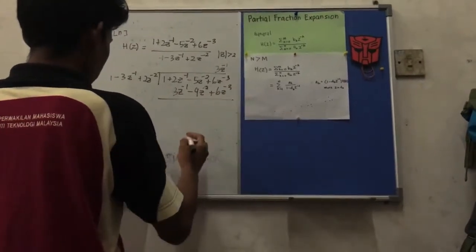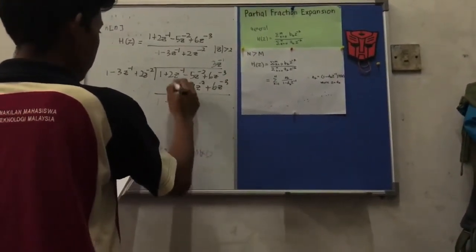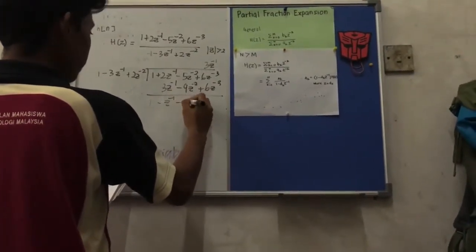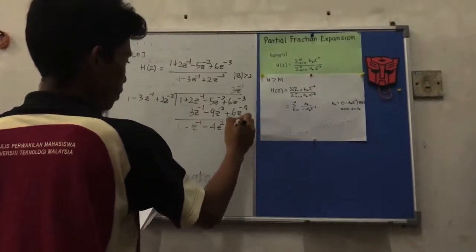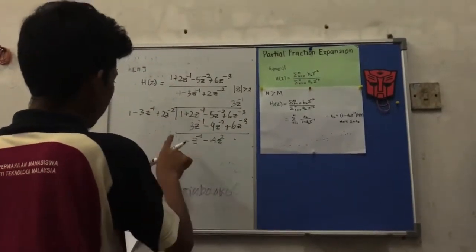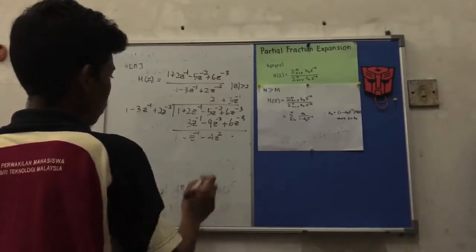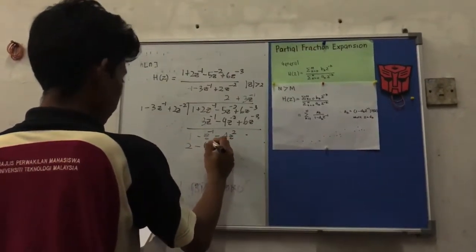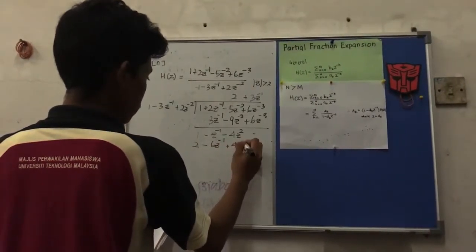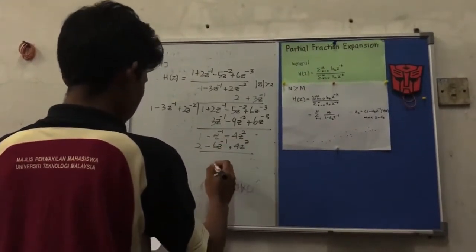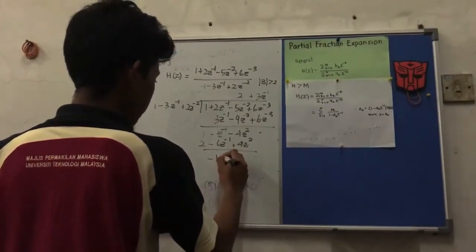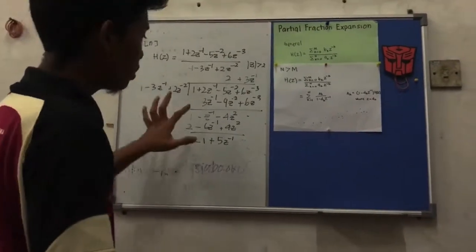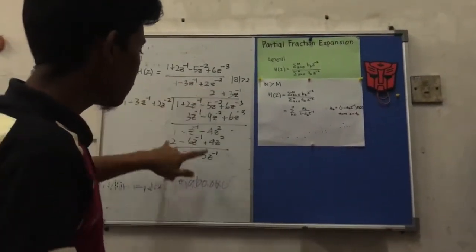After we calculate, we get the answer 1 minus z^(-1) minus 4z^(-2) and 0. Then we multiply with 2, we get 2 minus 6z^(-1) plus 4z^(-2). So the final answer is negative 1 plus 5z^(-1). So right here we got the equation like this. This is the division, this is the remainder.